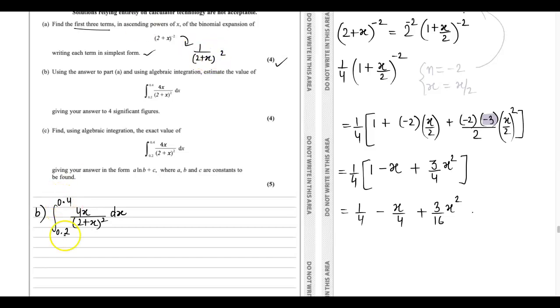So if we have that as an integration we have to do, can we write it? Just see and tell me. 0.2 and 0.4, let's keep limits the same. 4x and 2 plus x to the power 2 plus x squared. Can we write it to be like this? Right? Okay, perfect. So over here, I'm not going to be taking this form.